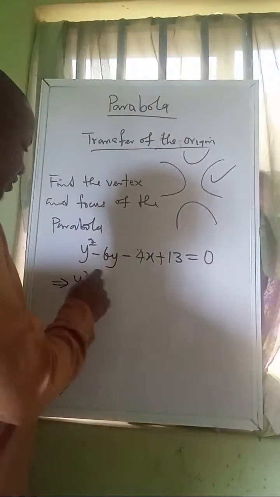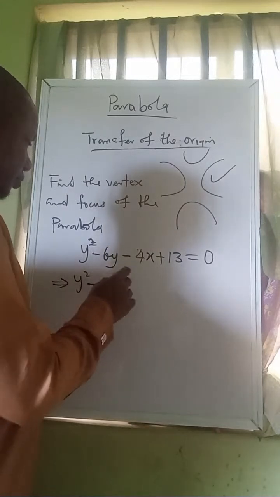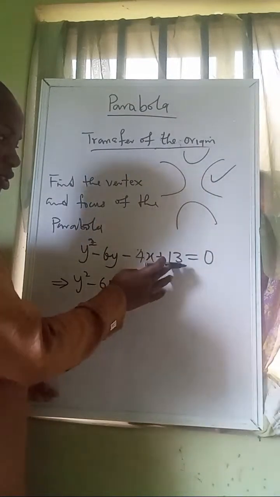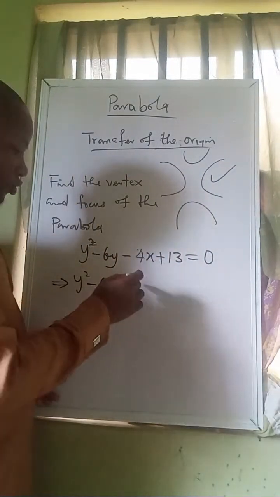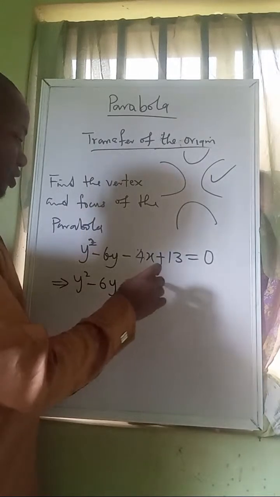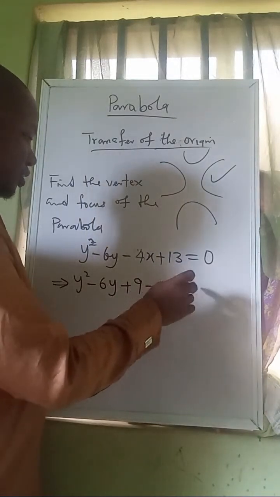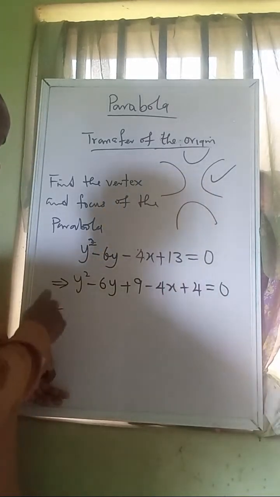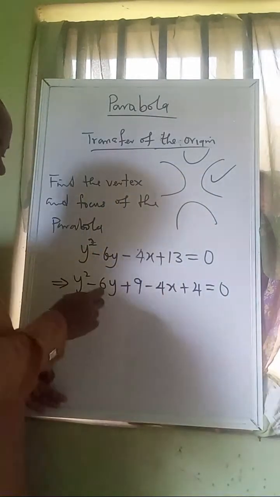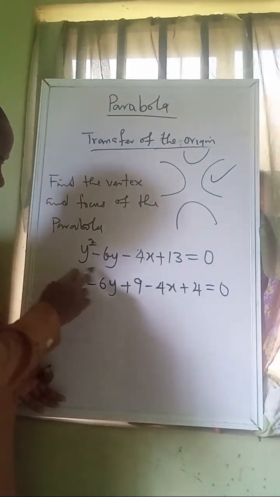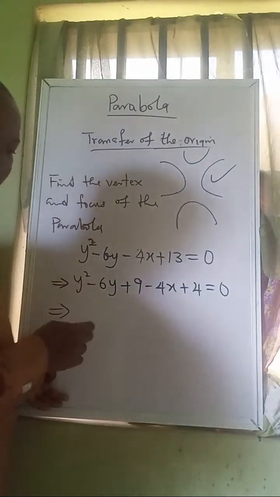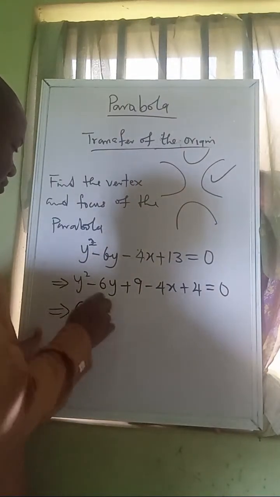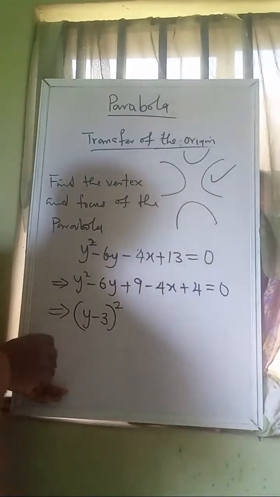So if you write this as this, here we can split this into 2, so that this will be 9. This will be 4, and this will also be 4. So we see that we can have a perfect square from this, so that this will be y minus 3 squared.